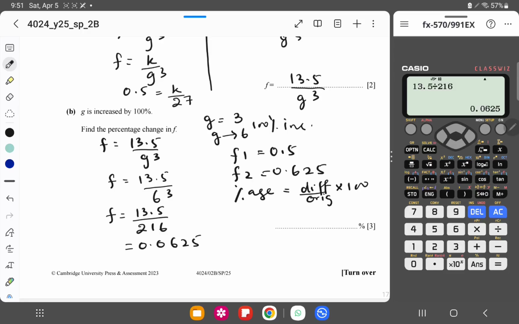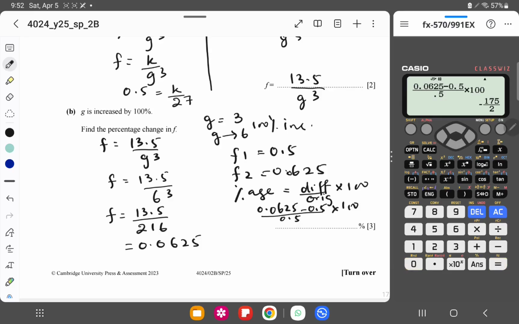So the difference is 0.0625 minus 0.5, divided by 0.5, and then multiplied by 100.